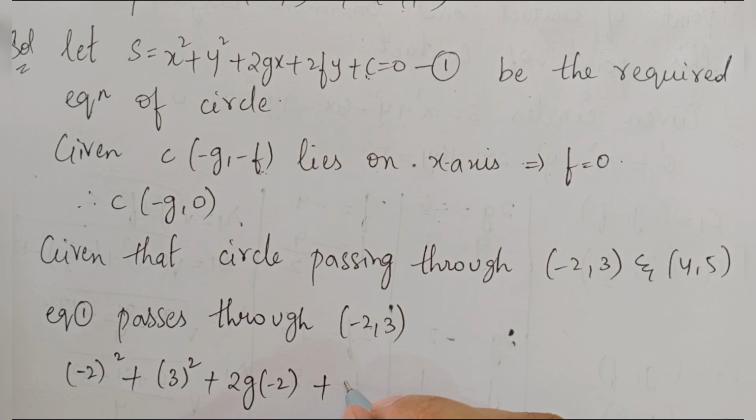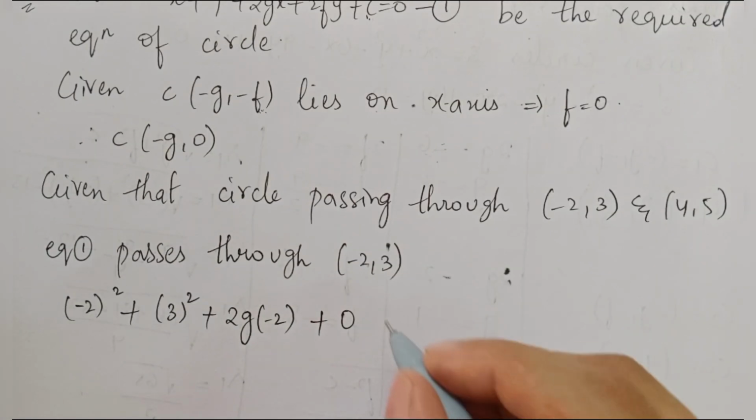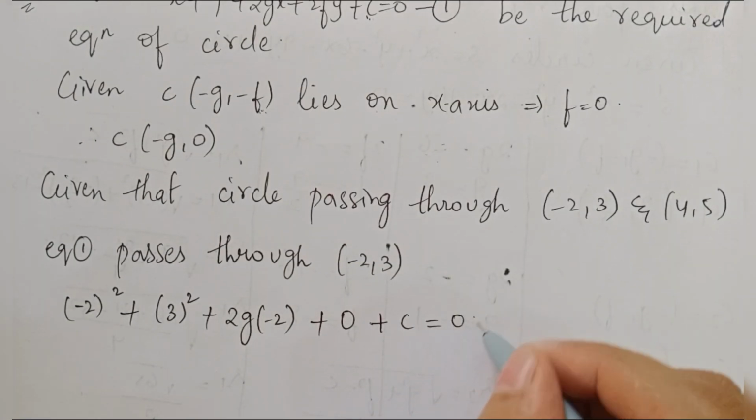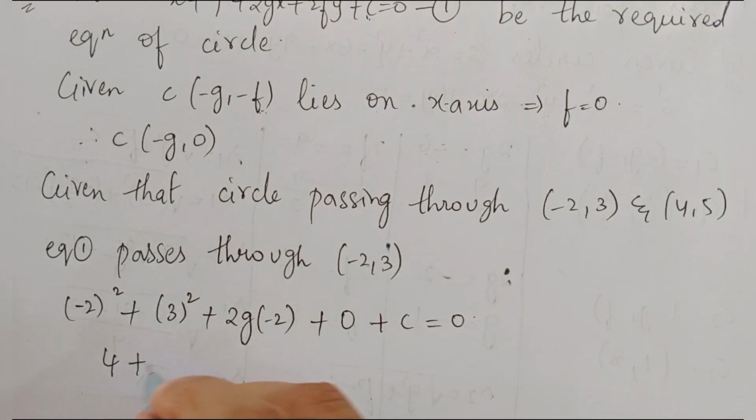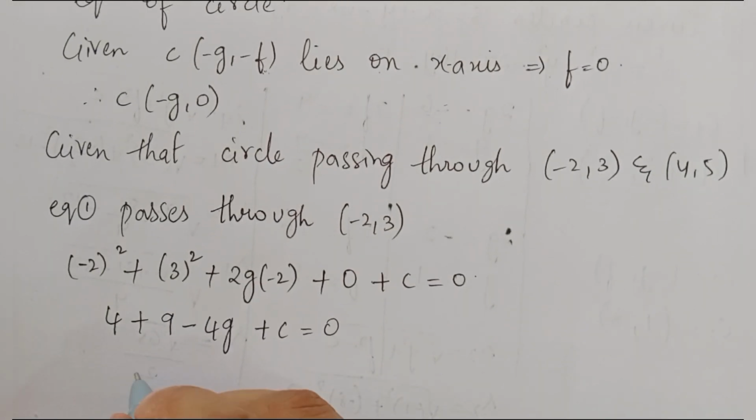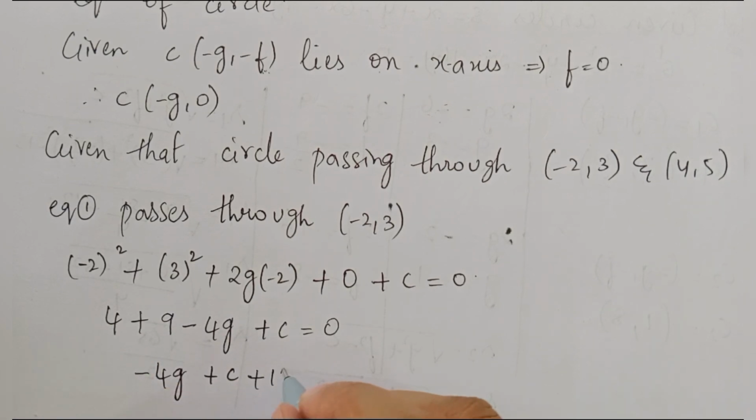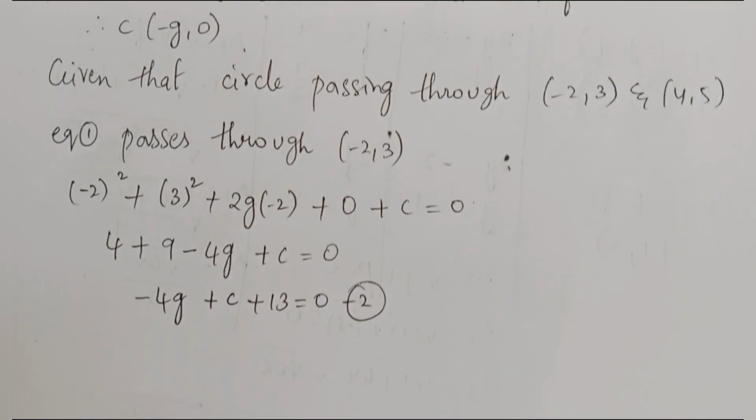The f term is not there, so it is 0. So 2² is 4, plus 3² is 9, and minus 2 into 2 is 4, so -4g + c = 0. We should write the g and f terms first, then the c term. 9 plus 4 is 13, so it is -4g + c + 13 = 0. Take it as equation 2.